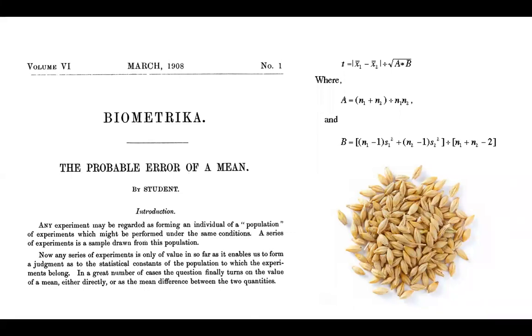So he took a leave of absence to spend between 1906 to 1907 studying under Carl Pearson at University College London.